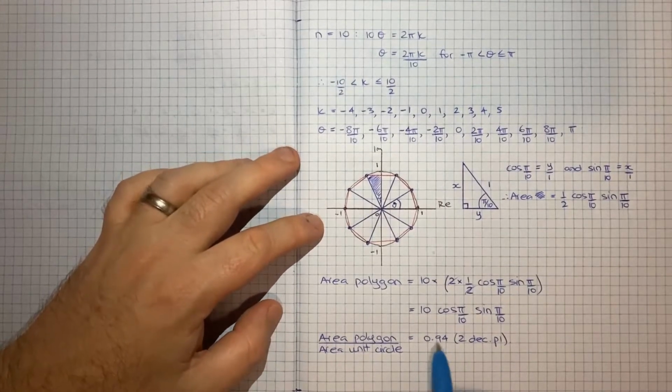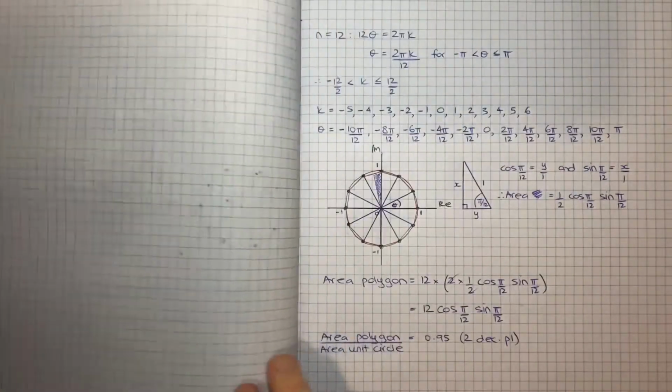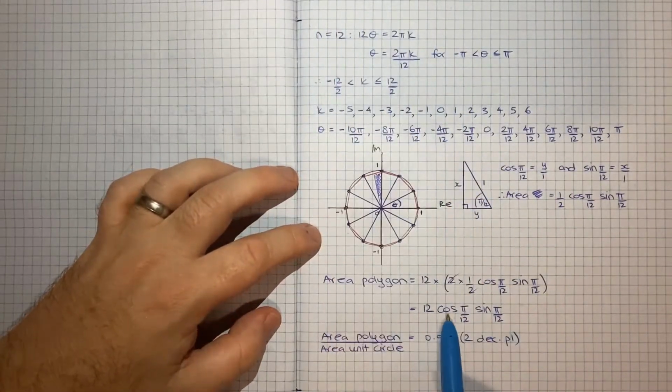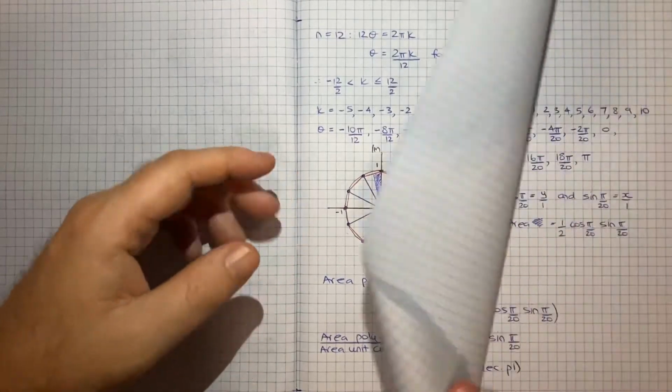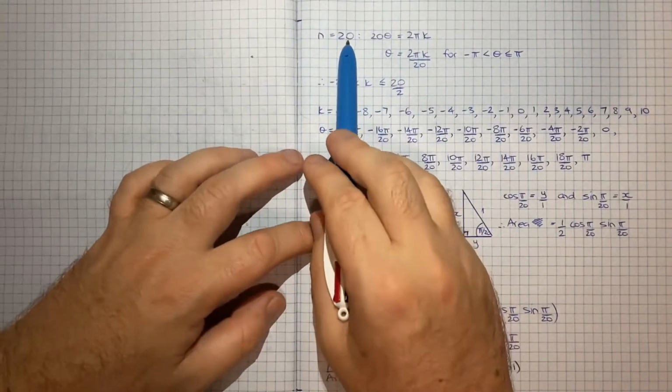Hopefully you're noticing a pattern here as well. n is equal to 12. 12 cos pi on 12 sine pi on 12, 0.95. And then the last one we had to do was n is equal to 20.